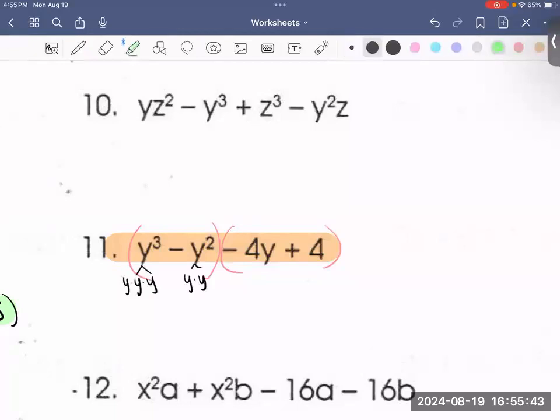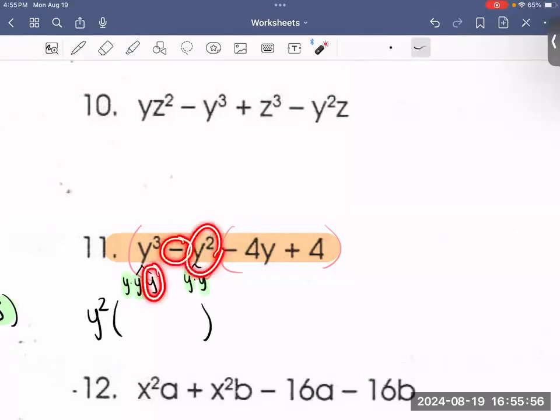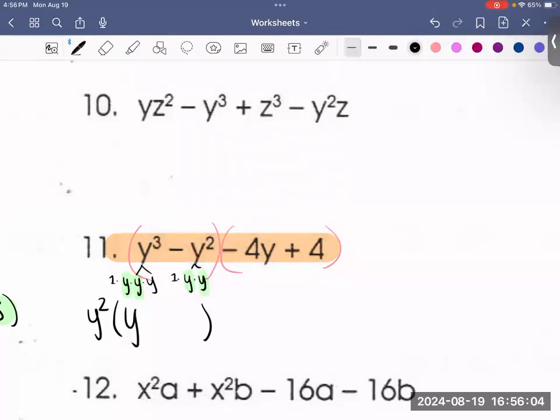So at most we can highlight is 2 y's from each. So let's go ahead and take out 2 y's, so y squared, and leaving behind a y, a minus, and then if we took out everything, our placeholder is still a 1, because keep in mind there's really a coefficient in front of these. So it's really just y minus the 1.